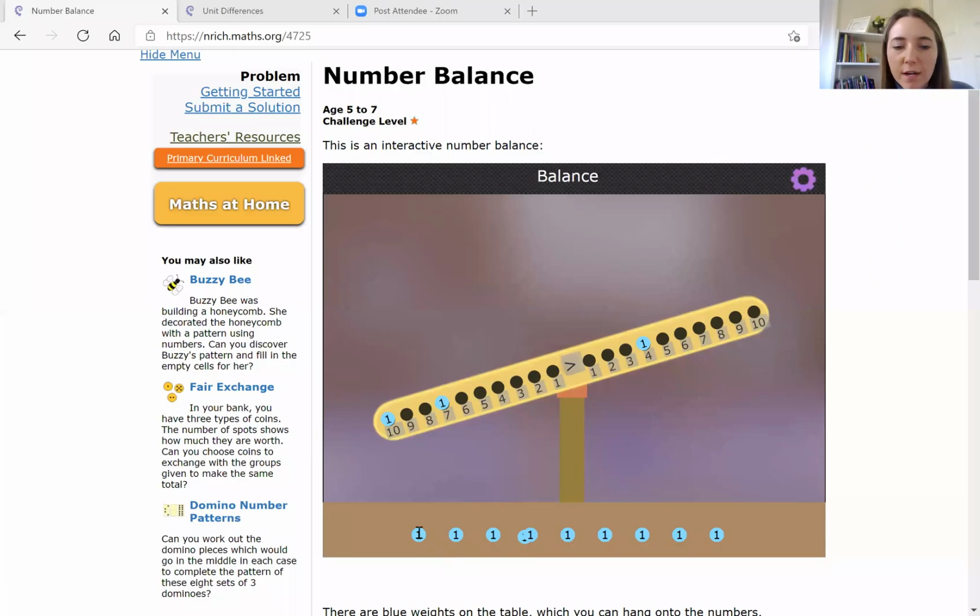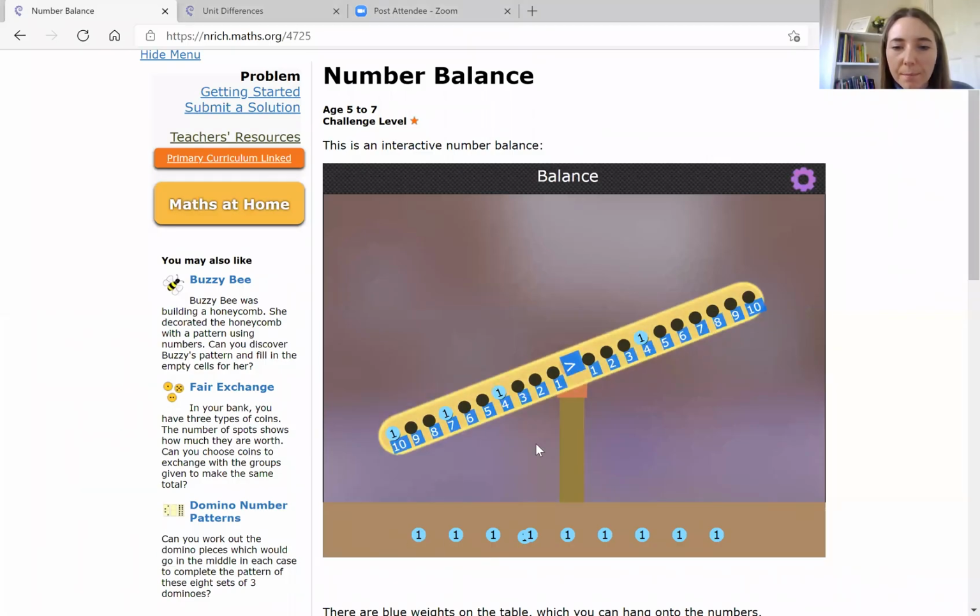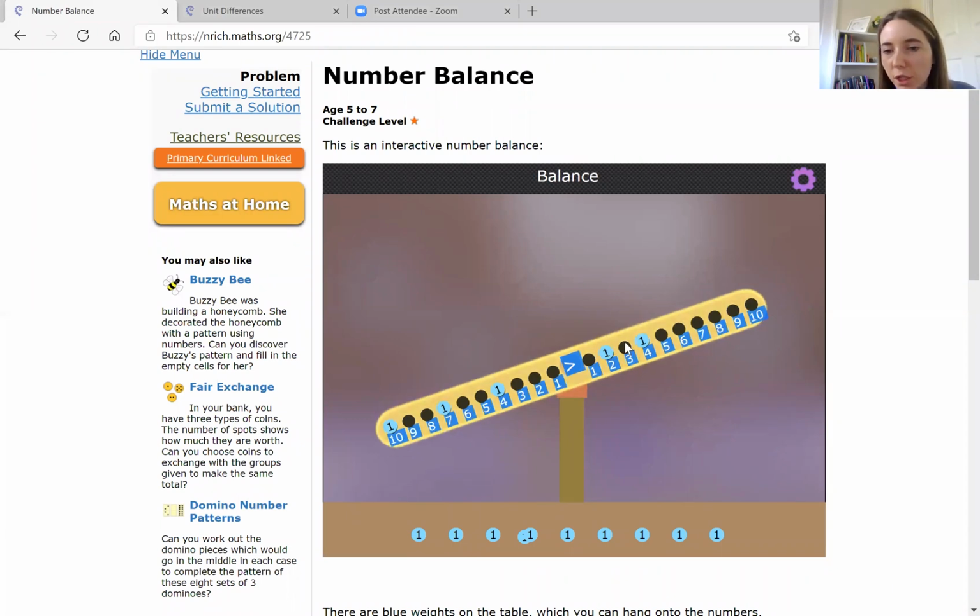If you want to have a go at challenge 3, you're going to be investigating the statement, you can't have an odd number of weights on one side and an even number on the other. So if I go back to the weights, that means they're saying that you can't have, say, 3 weights on this side because that's an odd number, and an even number on the other, so say 2, because then it won't balance.